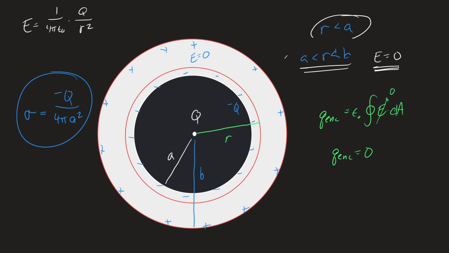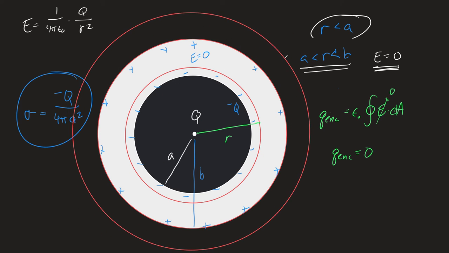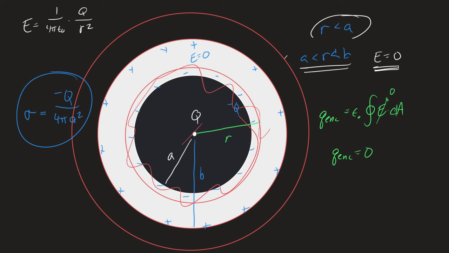Which is why if I choose a Gaussian surface now that is bigger than my sphere, I'm going to have an enclosed charge of Q. If you want to cancel out the Q that's here with all these Q's on the outside, fine, but then you still have an outer charge density. On the outside edge of my sphere, it's got to be positive Q over 4 pi B squared. There still has to be positive Q now spread around the outside edge of my sphere.